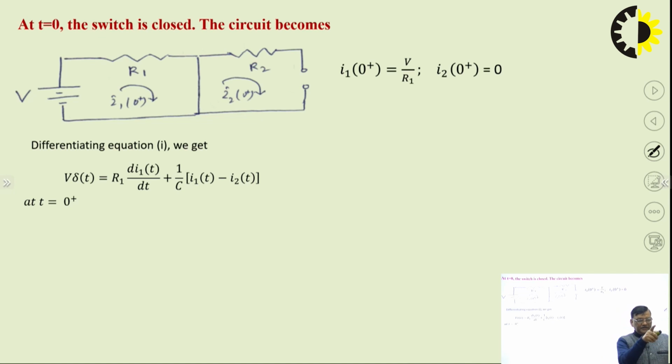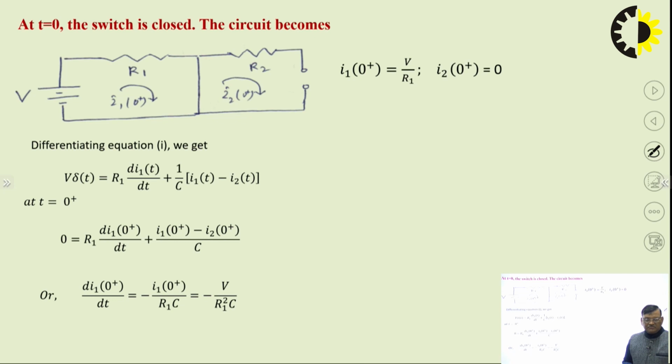So this equation becomes 0 equals R1 di1(0 plus)/dt plus (I1(0 plus) minus I2(0 plus))/C. This way we find di1(0 plus)/dt, and that is minus V R1 square upon C.